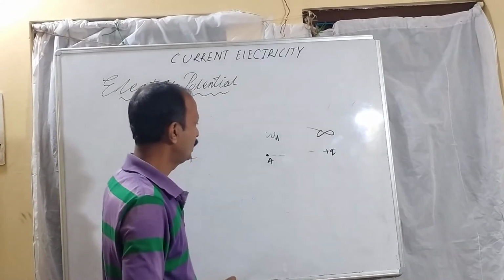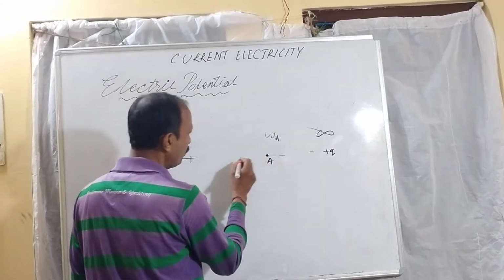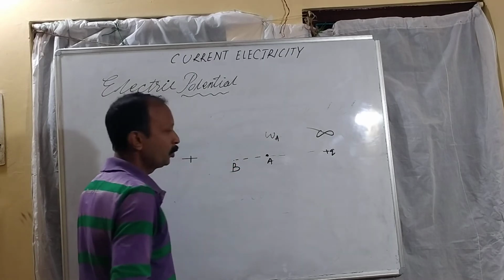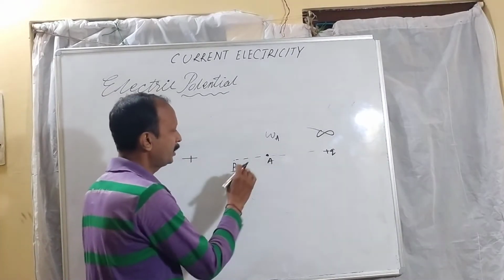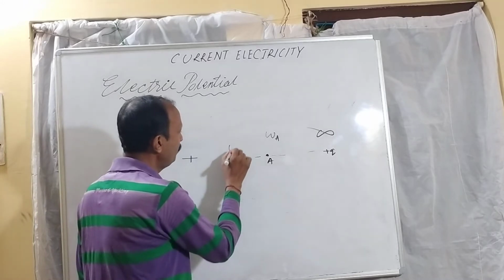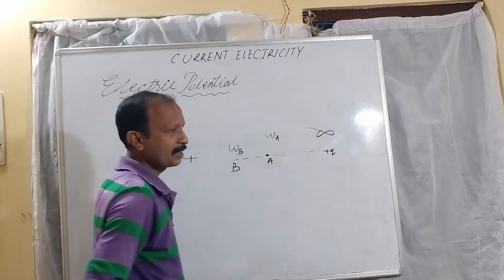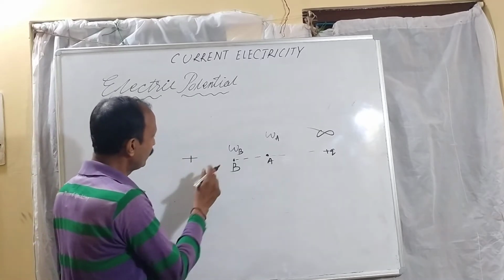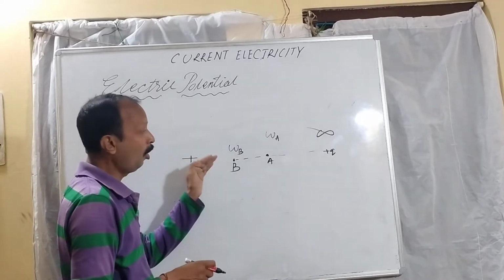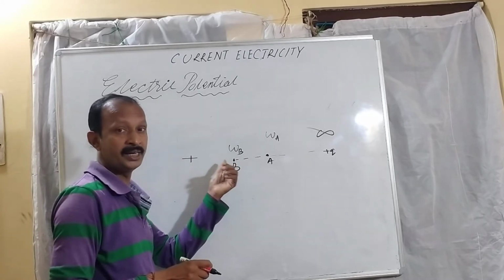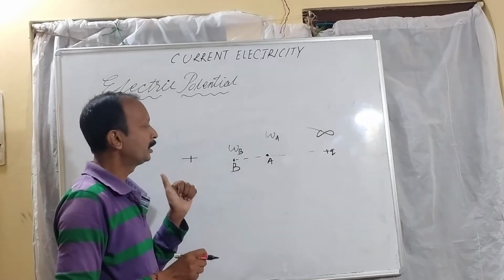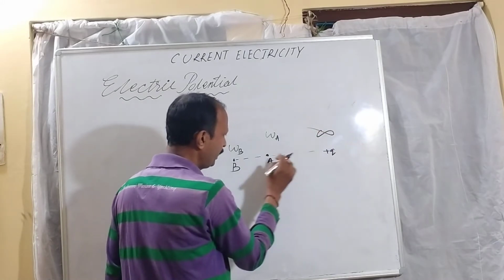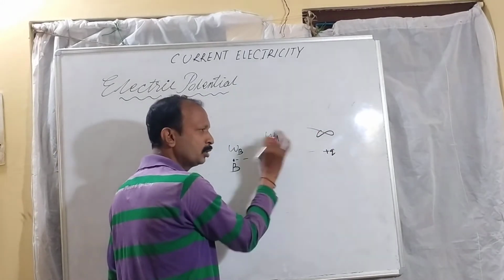Similarly, if I want to bring it somewhat more distance, for example, to the point B, definitely I have to do some more work, no doubt at all. Here if I leave this one, it repels with more force, because it is very close. That means to bring the charge particle from infinity to the point A, I have to do the work.